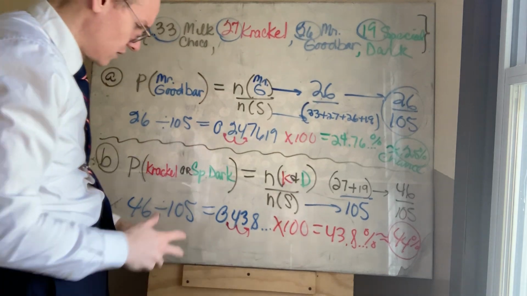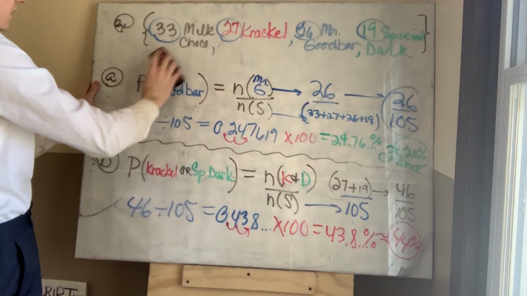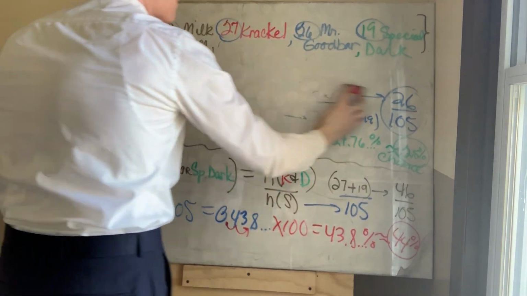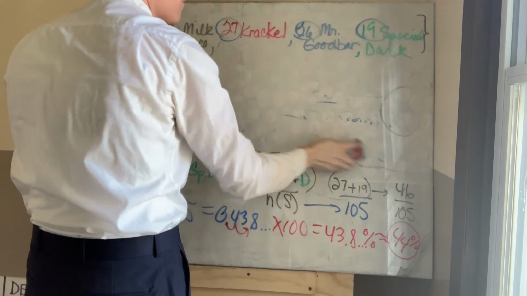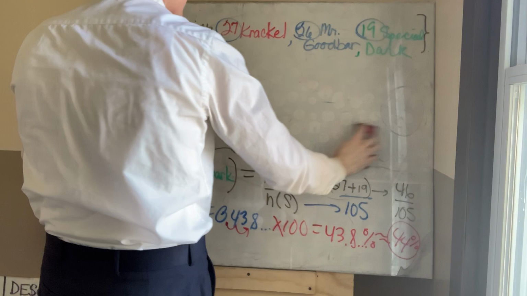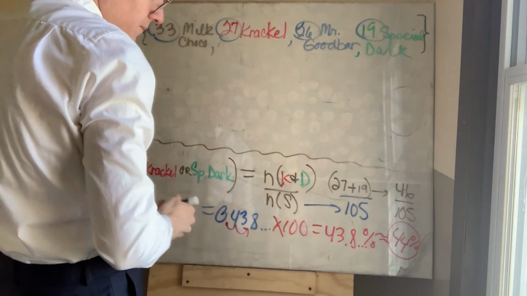Okay. Now the last one, we'll use that other formula. And I'll put that here. There's more than one way to do this problem, but I think the formula would be the most practical.